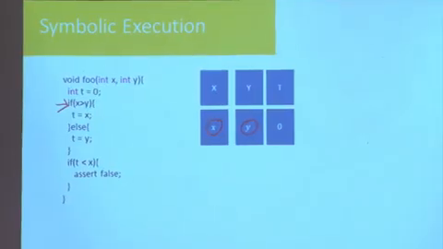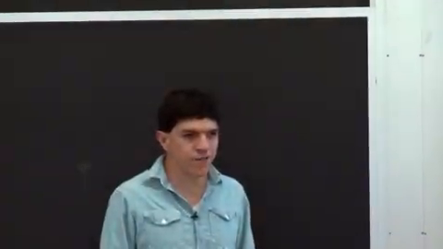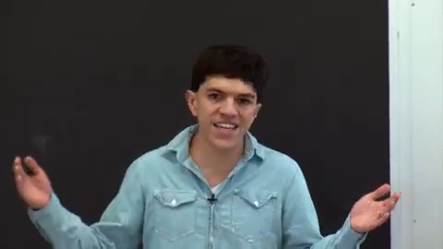We know their type, at least, so that's a start. So we know that they're going to be ranging from min int to max int. But that's about all we know about them. And it turns out that this information is not sufficient to tell us which direction this branch might go. This branch could go either way.